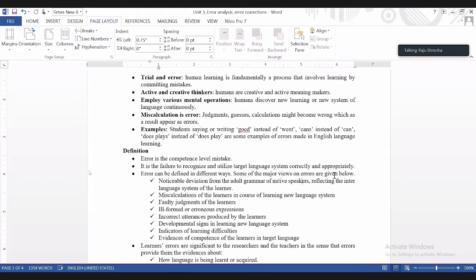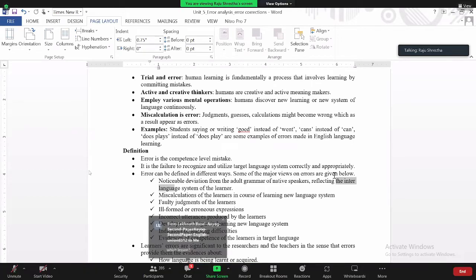That is error. So errors reflect the interlanguage system of the learners. Interlanguage system भनेको, you have to understand, for example, we are learners of English, then we are developing a kind of framework, a kind of skeleton, a kind of picture or image of the target language. That is different from the actual English language, as well as different from the learner's first language.